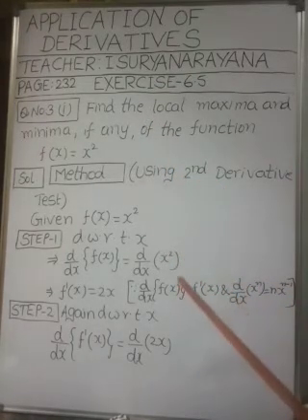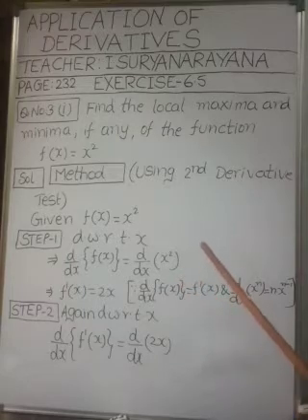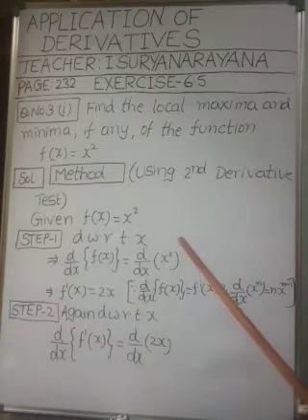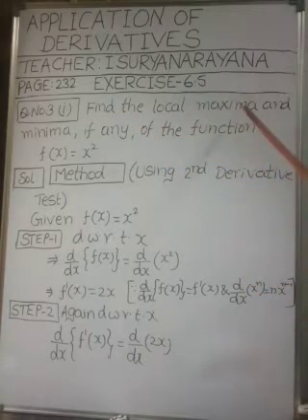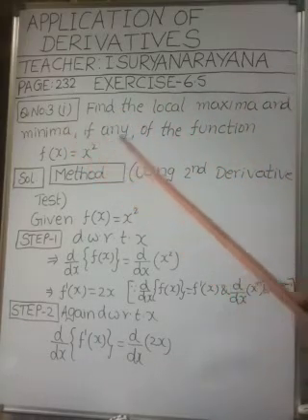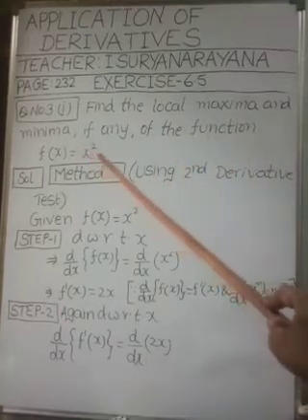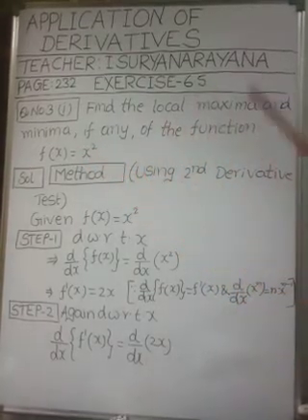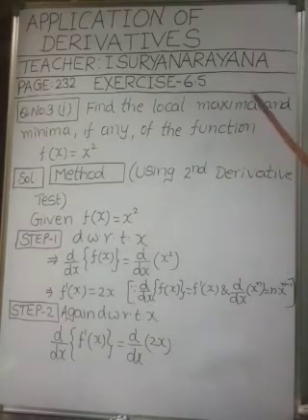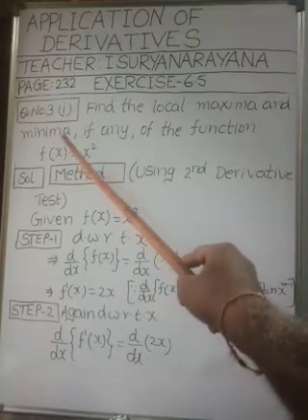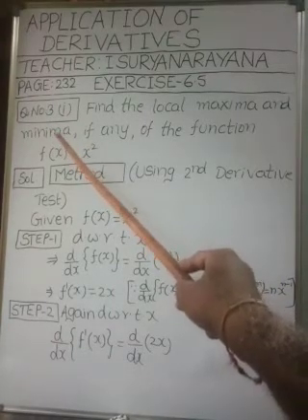Okay, my dear children, listen to these steps carefully. Find the local maxima and minima, if any, of the function f of x is equal to x square. Understood this question, my children? Maxima is the plural form of maximum, and minima is the plural form of the word minimum.